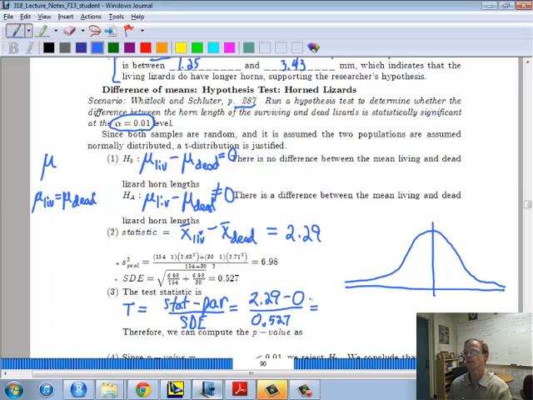Okay, so 2.29 divided by this 0.5, I get 4.35. So the null distribution has center 0 on the x bar living minus x bar dead scale. The actual difference was 2.29. The t-score level was 4.35.